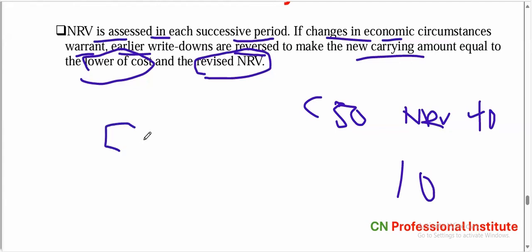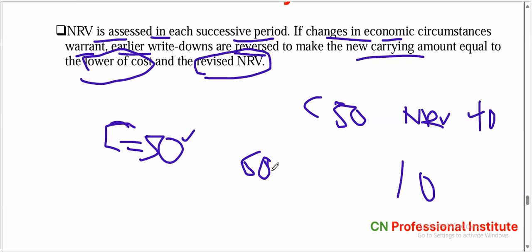So cost is still 50, but the revised NRV is no more 40, but 60. The standard says we should pick the lower of the cost and the revised NRV, and that's what we are going to record in our books. So we'll be recording the inventory at 50, because that's the lower of the cost 50 and the NRV 60.